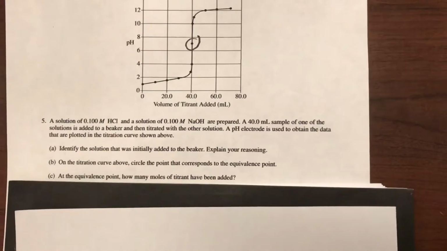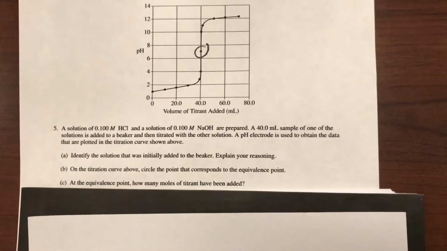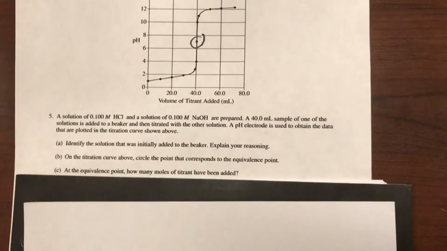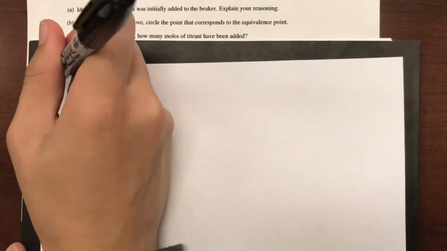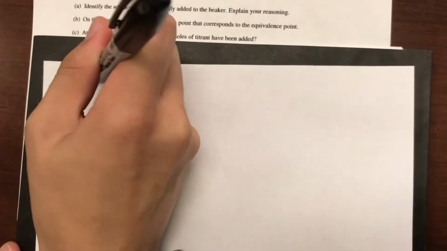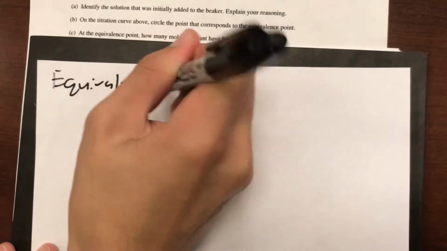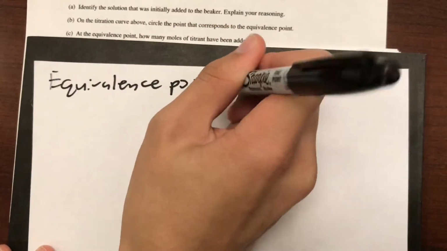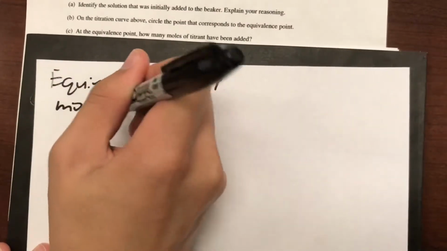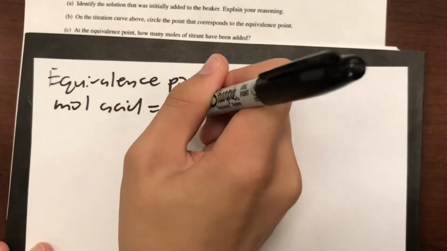C. At the equivalence point, how many moles of titrant have been added? So at the equivalence point, moles of acid equals the moles of base.